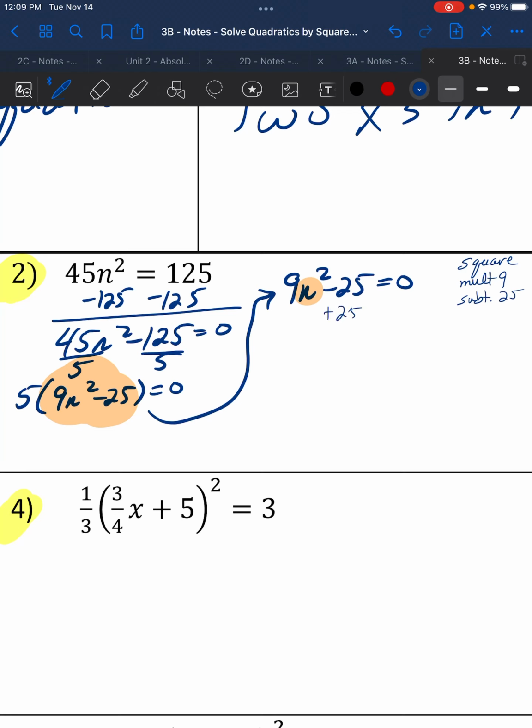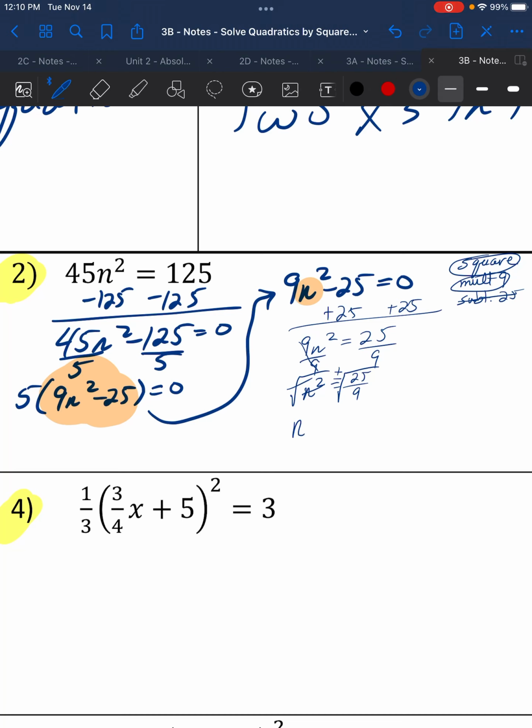I need to do the reverse order of that to get the n by itself. So add 25, that's the opposite of subtract 25. Opposite of multiply by 9 is divide by 9. 25 doesn't divide by 9 nicely, so we're going to leave it as a proper fraction. Opposite of square is square root.